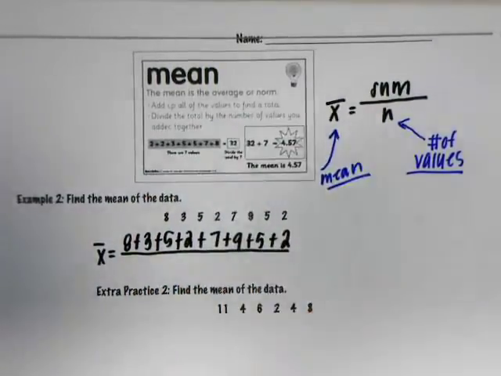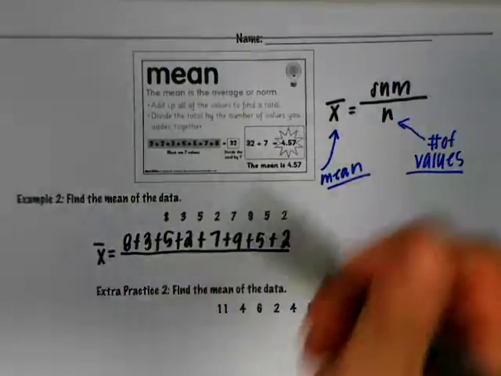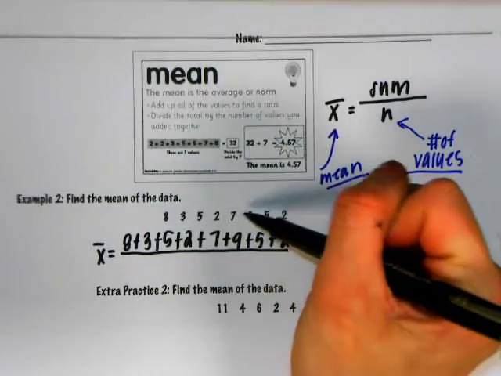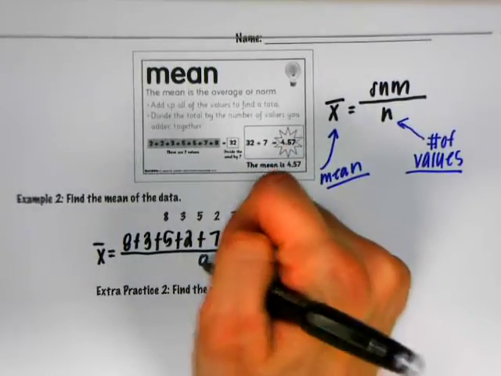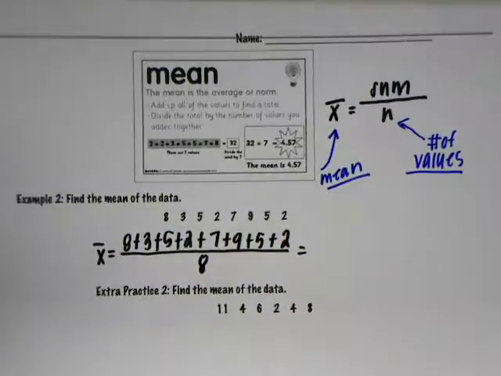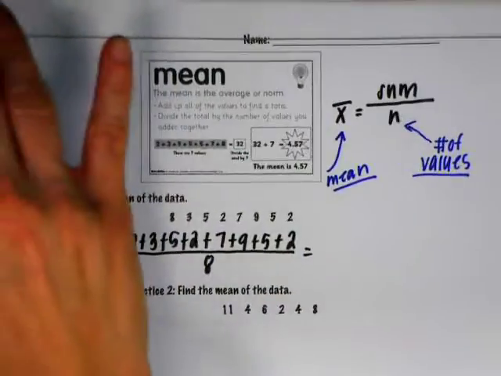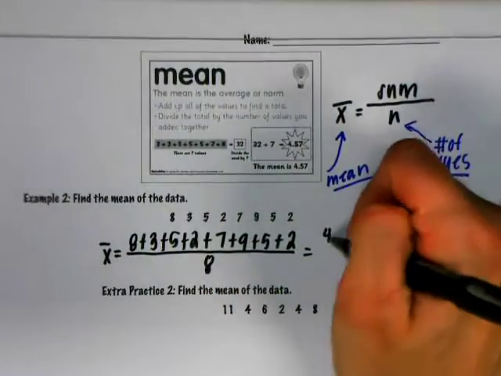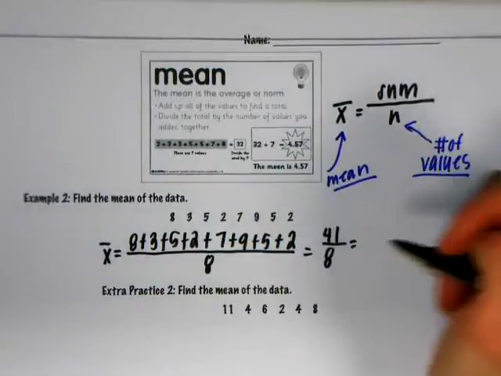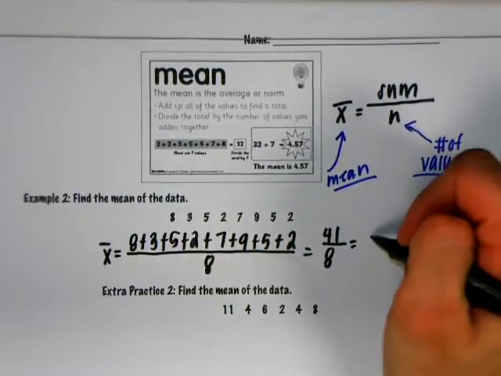And then divide that sum by how many numbers you have, which is how many? 8. Okay. So that is going to be 41 over 8, which is going to equal 5.125.